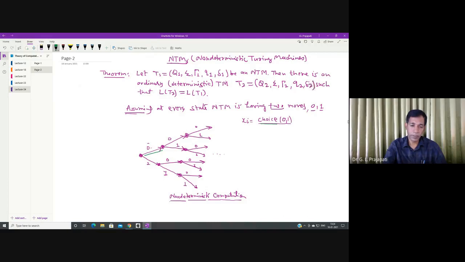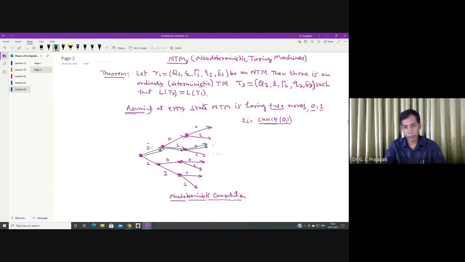So if the machine is at this place, from 0 or 1 it can make the choice, and say it makes this choice and comes to this place. From this place it goes to this place, then again it has a choice, and the machine may follow this choice like this, and so on.